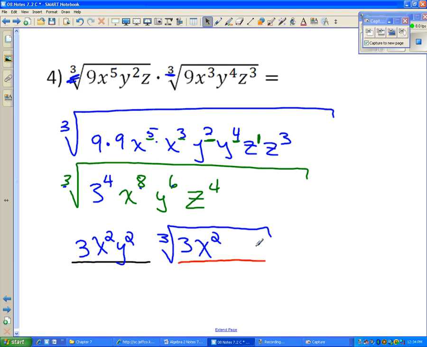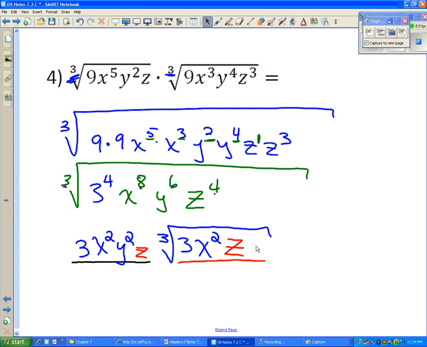Z to the 4th, 4 divided by 3 is 1, so this is z to the 1st, or just z. 4 minus 3 is 1, so my remainder is just z to the 1st, or z. So my answer is 3x squared y squared z, the cube root of 3x squared z.